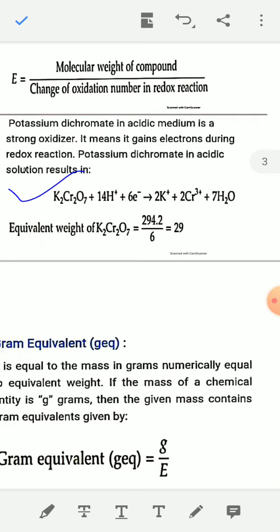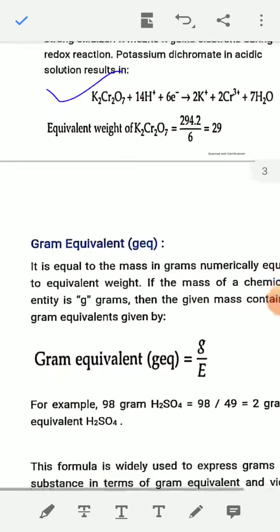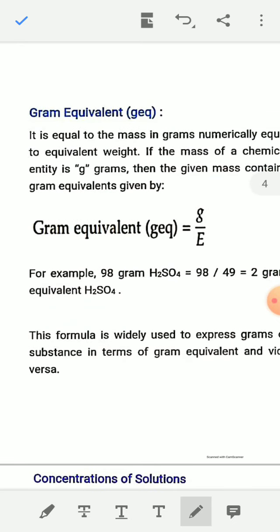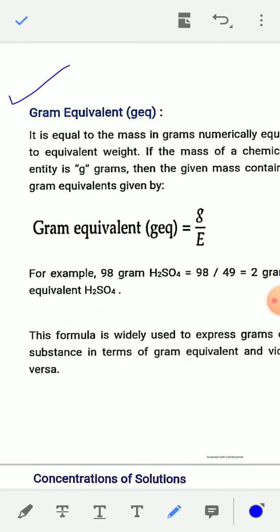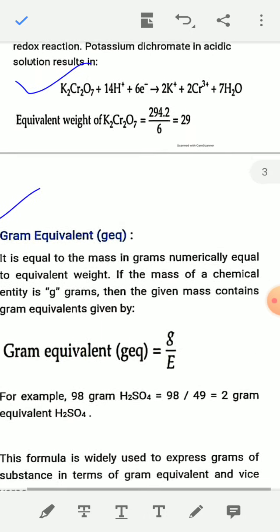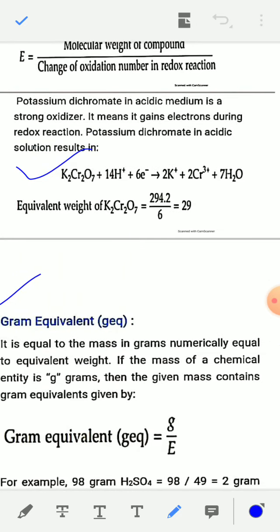Now see what is gram equivalent. When you express molecular weight in grams, it is known as gram molecular weight. Similarly, if you express equivalent weight in grams, it is known as gram equivalent weight. For example, the molecular weight of H2SO4 is 98 and its equivalent weight is 49.